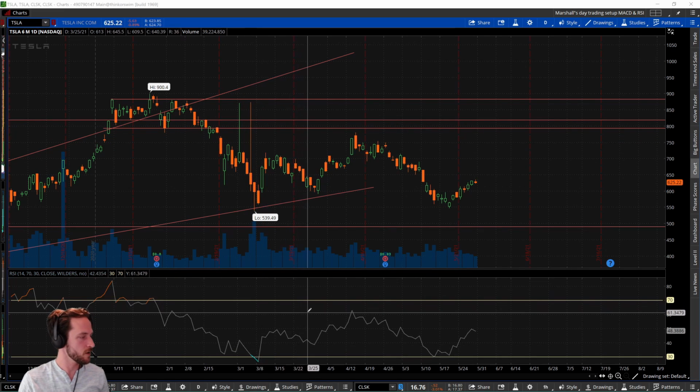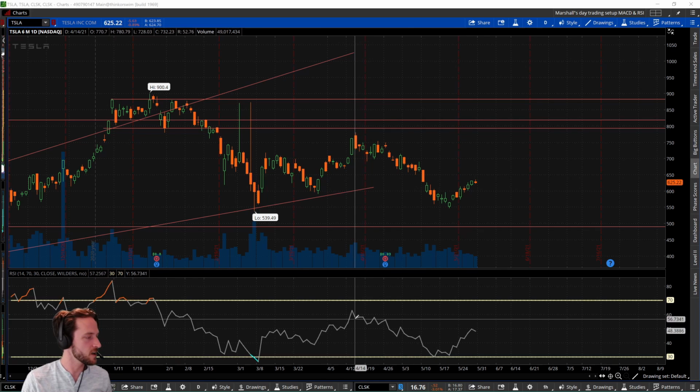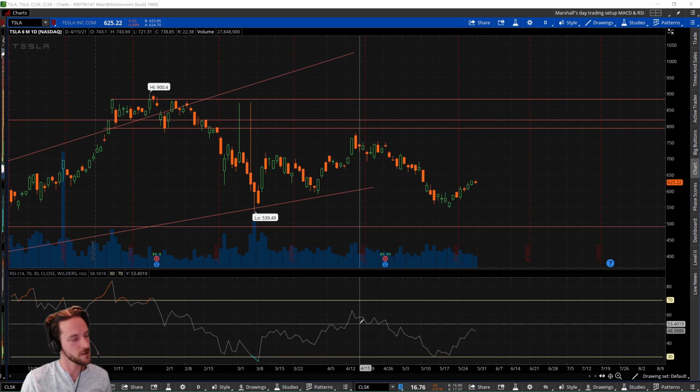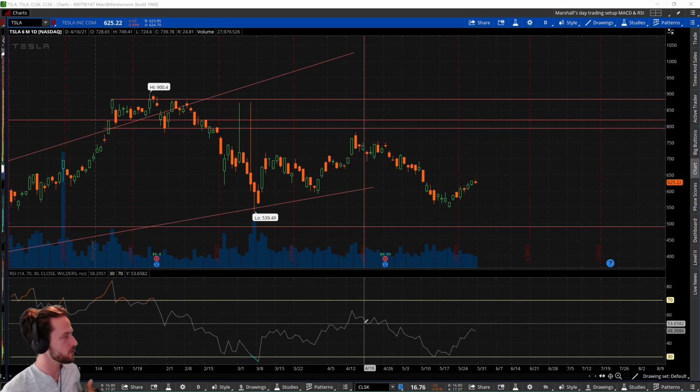Now, when you get to around 50, that is a time when it's kind of undecided. So your profit to loss ratio is not what it should be if you're just measuring it off of the RSI. When you measure yourself on the potential profits of a trade, you also have to measure the potential losses of a trade.